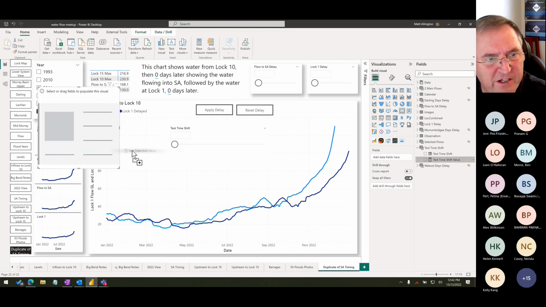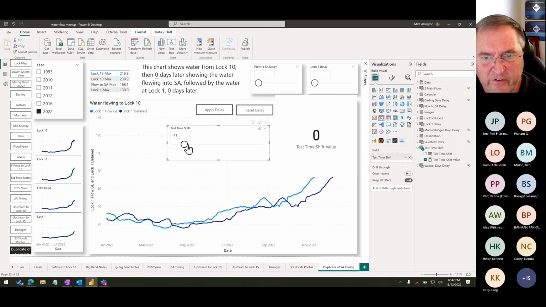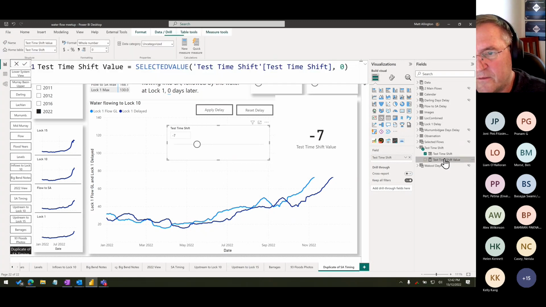And I'm going to bring this measure into the card. And now notice that when I change this slicer, the card changes, because this measure tells me what value is selected in my slicer. So when I move the slicer, the card updates to tell me what number I've selected.